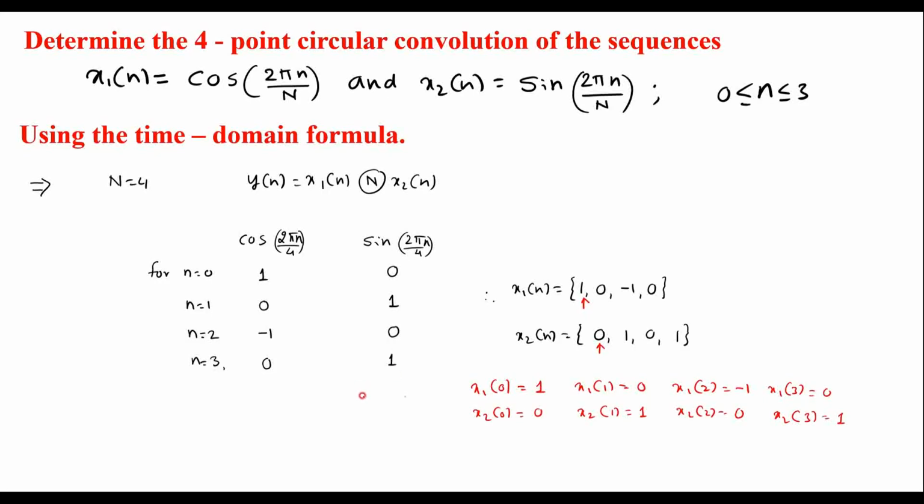Now we'll try to perform the circular convolution between x1 of n and x2 of n using the time domain formula. That is, y of n is equal to x1 of n circular convolved with x2 of n. The time domain formula is given by summation m equal to 0 to N minus 1, that is 3, x1 of m, x2 of n minus m modulo 4.